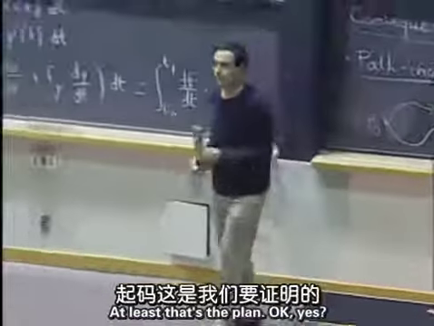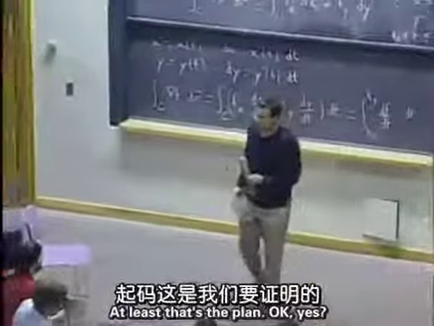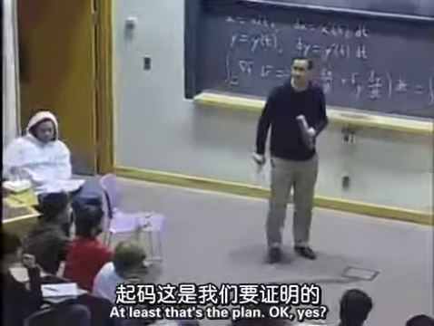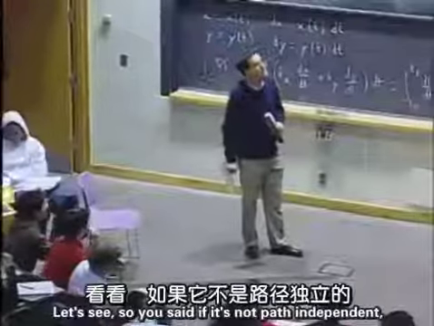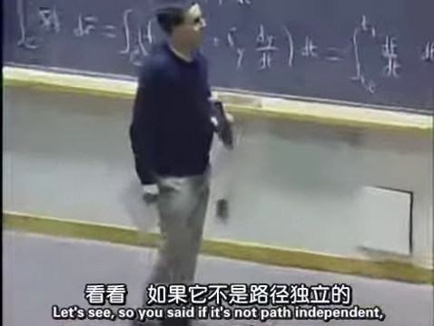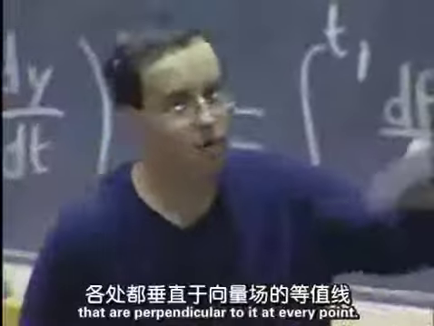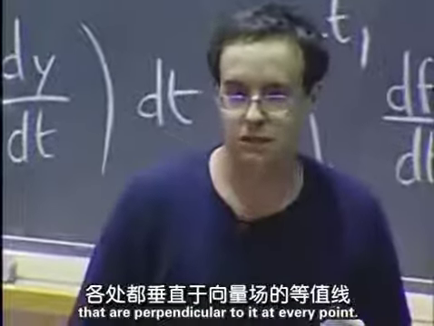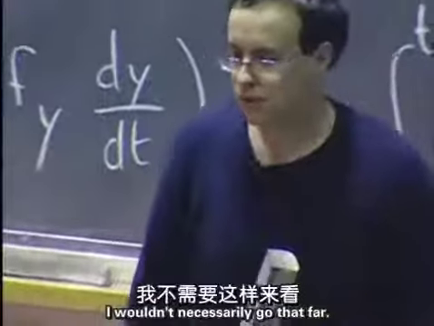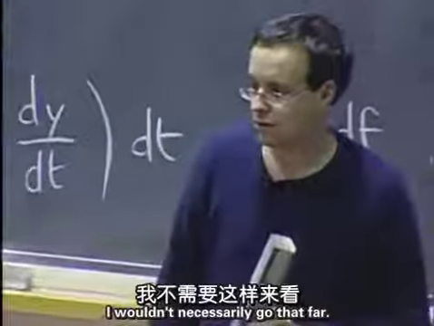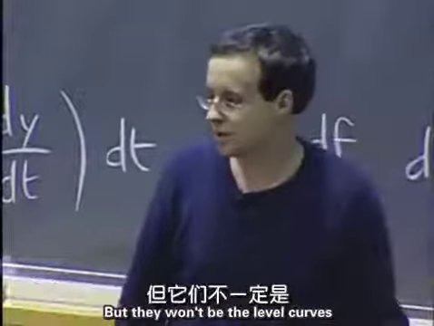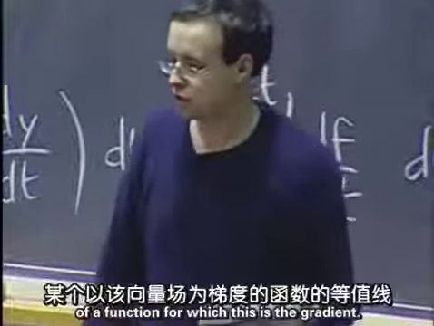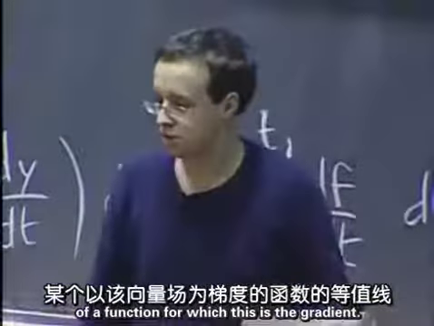Yes? So if it's not conservative, then it's possible to draw level curves that are perpendicular to the point? Let's see. You said if it's not path independent, then we cannot draw level curves that are perpendicular to it at every point. I wouldn't necessarily go that far. You might be able to draw curves that are perpendicular to it, but they won't be the level curves of a function for which this is the gradient.